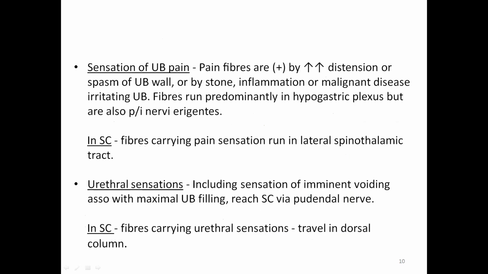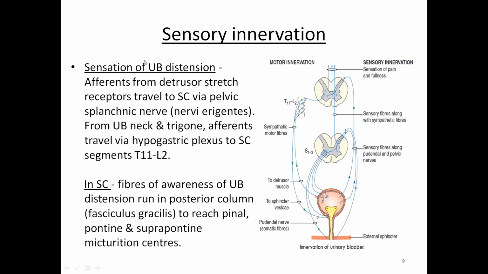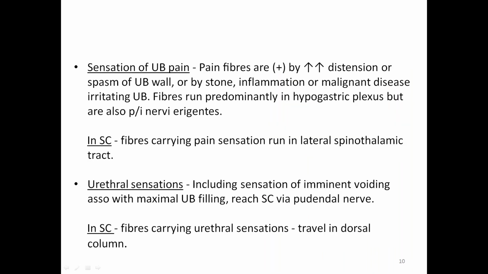Once they are in the spinal cord, the fibers carrying pain sensation run in the lateral spinothalamic tract. So our sensation of bladder distension goes up in the posterior column, but the pain sensation travels to higher centers through the lateral spinothalamic tract.